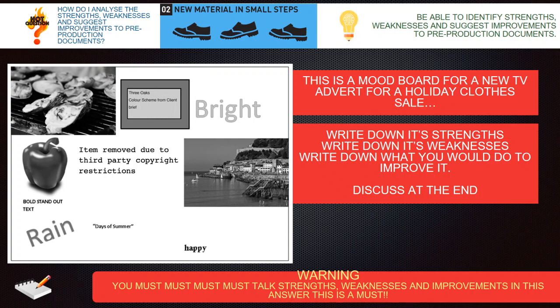Remember, it is going to be worth 12 marks. As a rule, if you could come up with 4 strengths and 4 weaknesses, then for each of the weaknesses you could write down how you could improve it. You could be aiming to get to that 12 mark position. So pause the video, have a go.